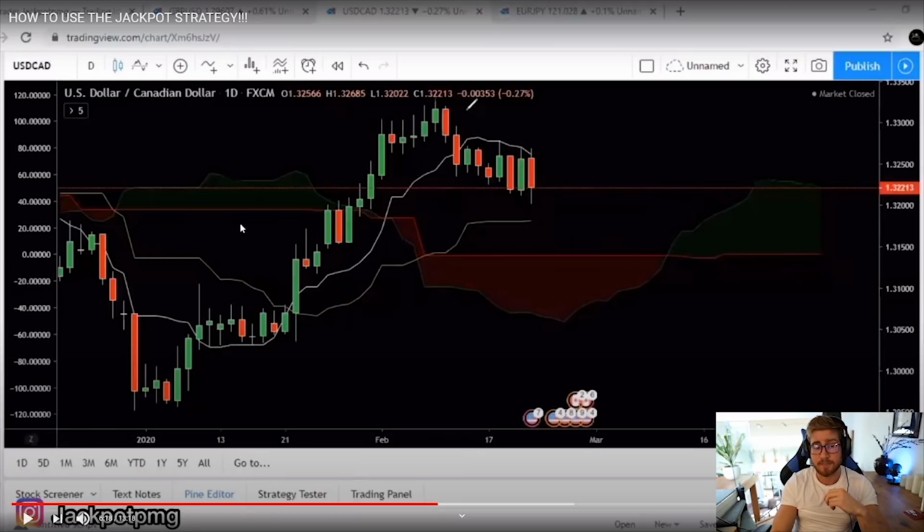So as you can see, we have this red pullback here. I guarantee that is a downtrend on the 15-minute using the same cloud logic. We'll now see it pull back above here, and it'll be roughly around that area where you would get in, right? Maybe out here, or it could continue down.